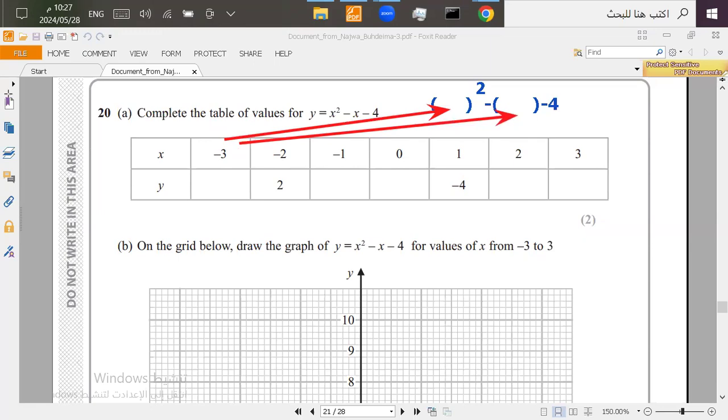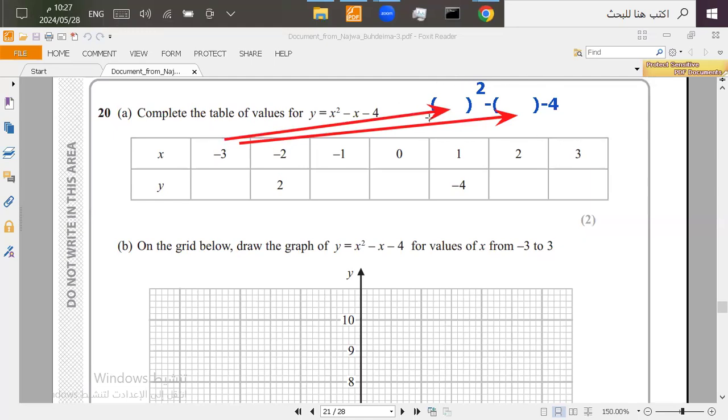I'm going to do the same with all the numbers. So the first one, open a bracket, -3, close bracket, squared, and then minus bracket, -3, close bracket, and then minus 4. As I said, we're going to do this with the calculator.